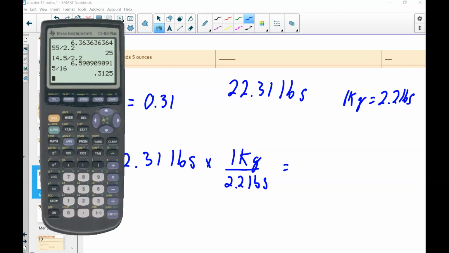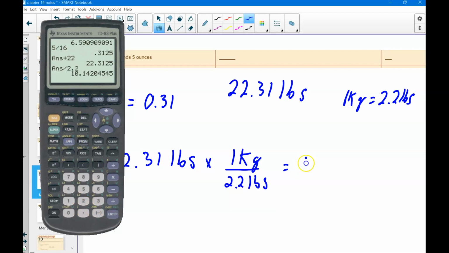So we're dividing it by 2.2 again. I take that number, divide it by 2.2, and I get 10.14 kilograms. Done.